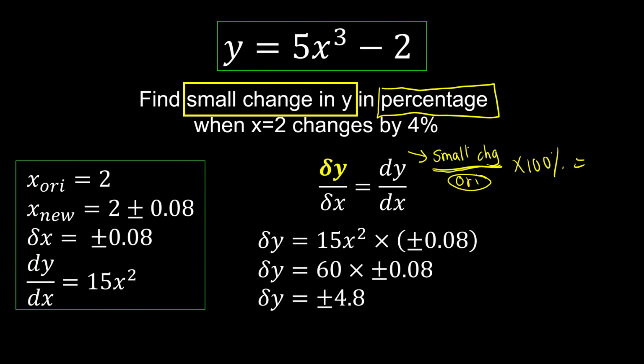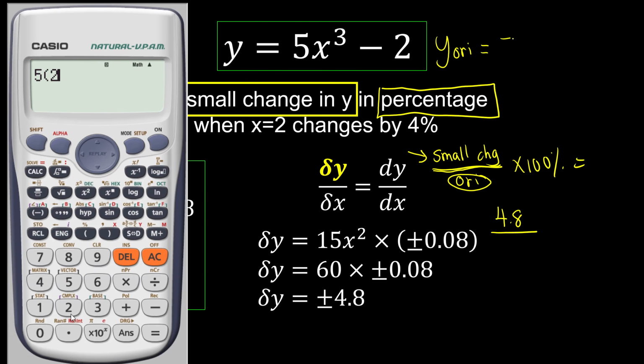So what is the small change in y? We know it's 4.8. What is the original y? Have we found it? Not yet. Can we find it? Yes. Let's substitute our original x into the equation. So original y is equivalent to 5 times 2 to the power of 3 minus 2, which gives 38.